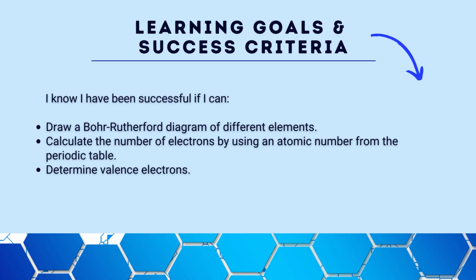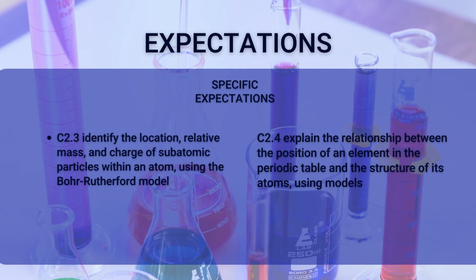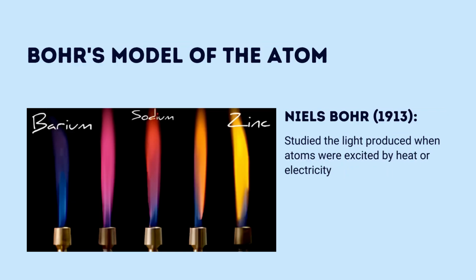Ask yourself, are you able to draw a Bohr-Rutherford diagram of different elements, calculate the number of electrons by using an atomic number from the periodic table, and determine valence electrons? The specific expectations targeted within this lesson include C2.3 and C2.4.